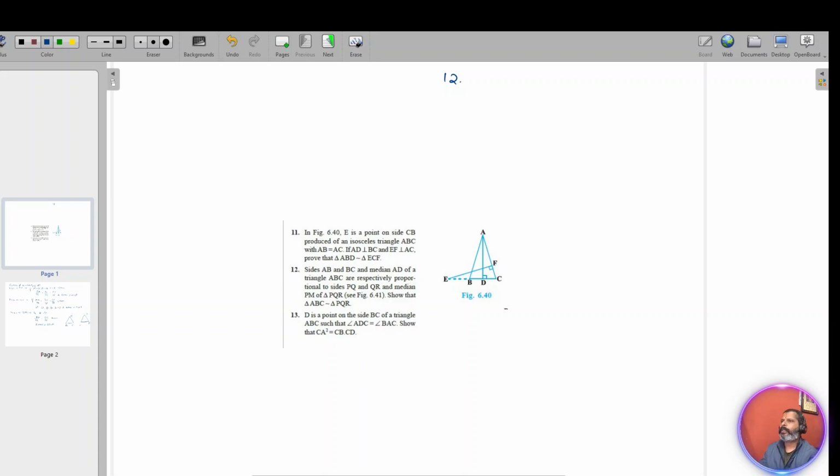What the 12th one says: there's no figure. Sides AB and BC and median AD of triangle ABC are respectively proportional to the sides PQ, QR and median PM of triangle PQR. So you have to draw two triangles here, ABC and PQR. First draw the triangles, then come back to the question.